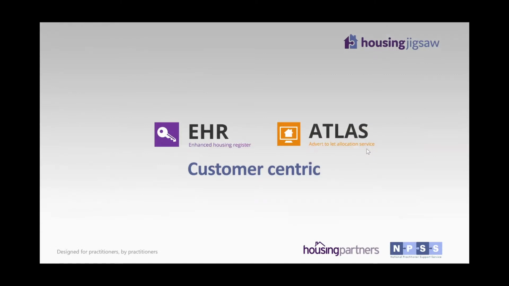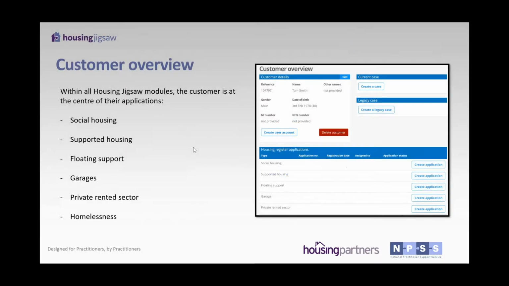I have talked already about the fact that we're very, very keen on ensuring that all of our modules are customer centric. So the idea being that customer is in the center of the journey. So within all Housing Jigsaw modules, the customer is at the center of their application. So you can see at a glance from the customer overview what registrations they've applied for, whether they've got a homeless application, whether they've got a previous homeless application.